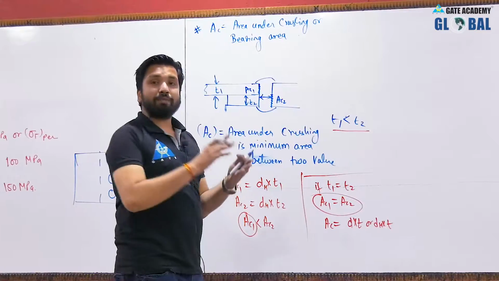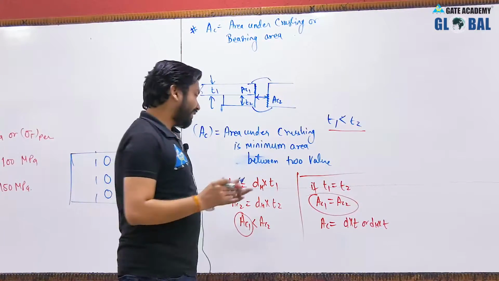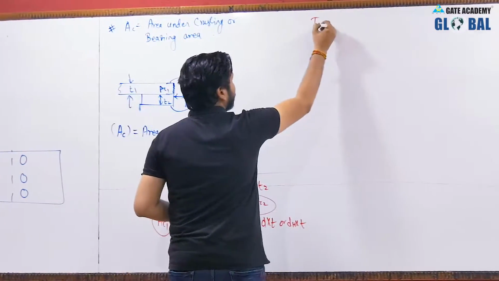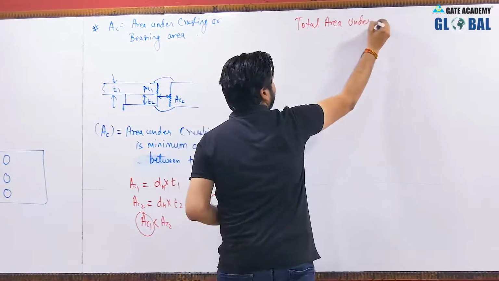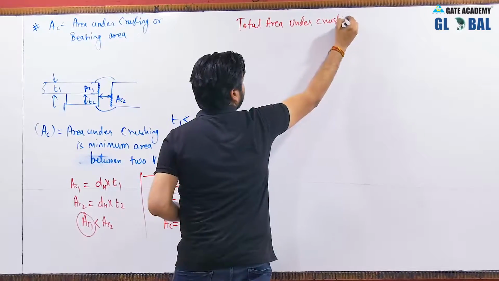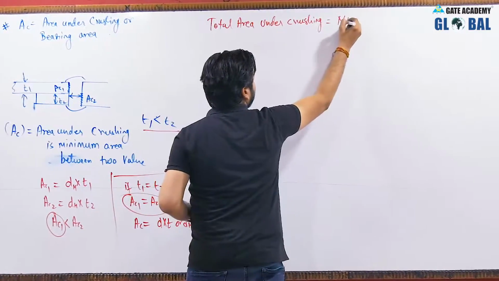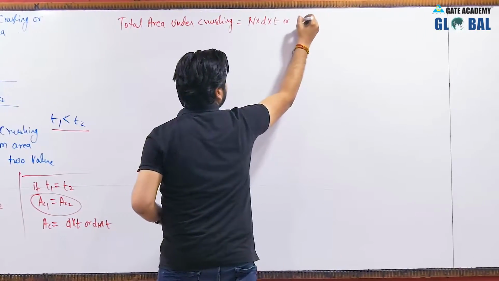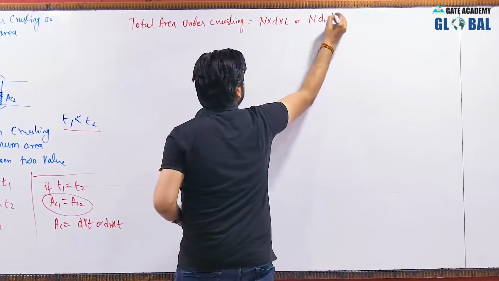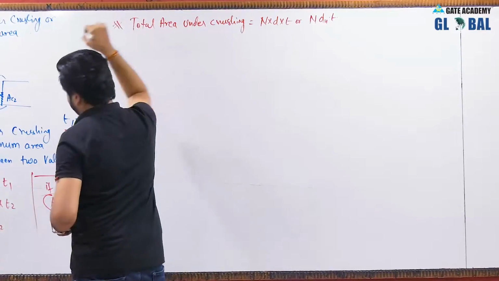Now if there are a number of rivets in the connection, then the total area under crushing will be equal to N into D into T, or if you write in terms of DH, this will be N into DH into T. This will be the total area under crushing.